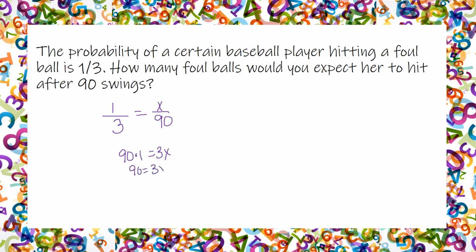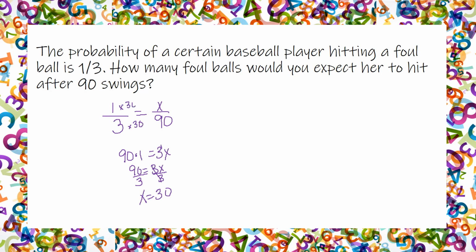And we could isolate the variable by dividing both sides by 3. On the right, they cancel out and make 1. 90 divided by 3 equals 30. So we know the answer is 30, but how else could we do it? Well, we could say 3 times 30 gives me 90.